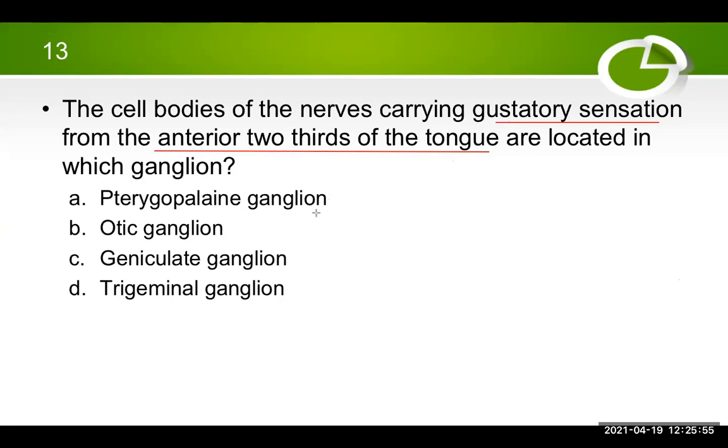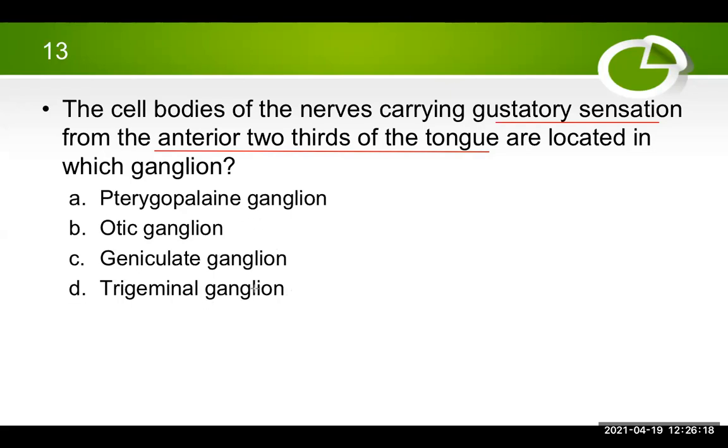Now the ganglia which are connected with the facial nerve are different here. Pterygopalatine ganglion is also connected with the facial nerve, and geniculate ganglion is also connected with the facial nerve. Otic ganglion is connected with the 9th cranial nerve, the glossopharyngeal nerve, and trigeminal ganglion is of course connected with the trigeminal one.